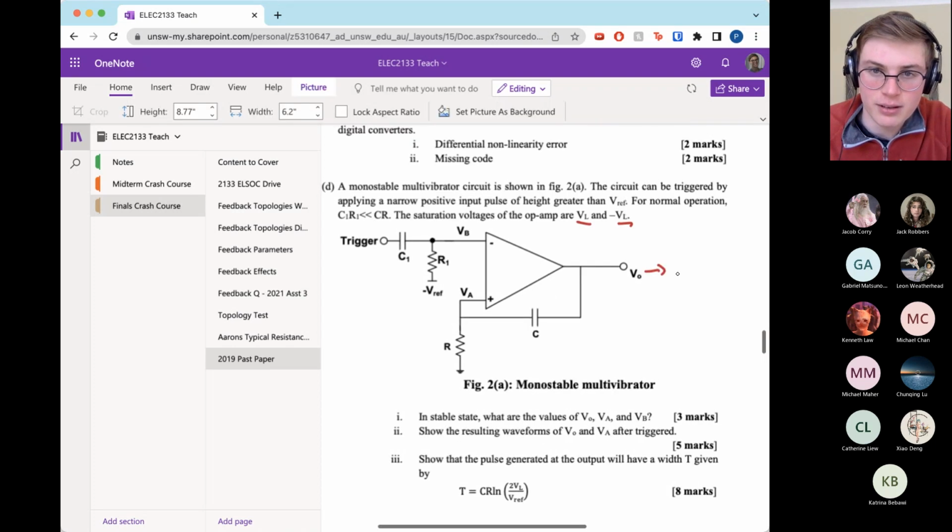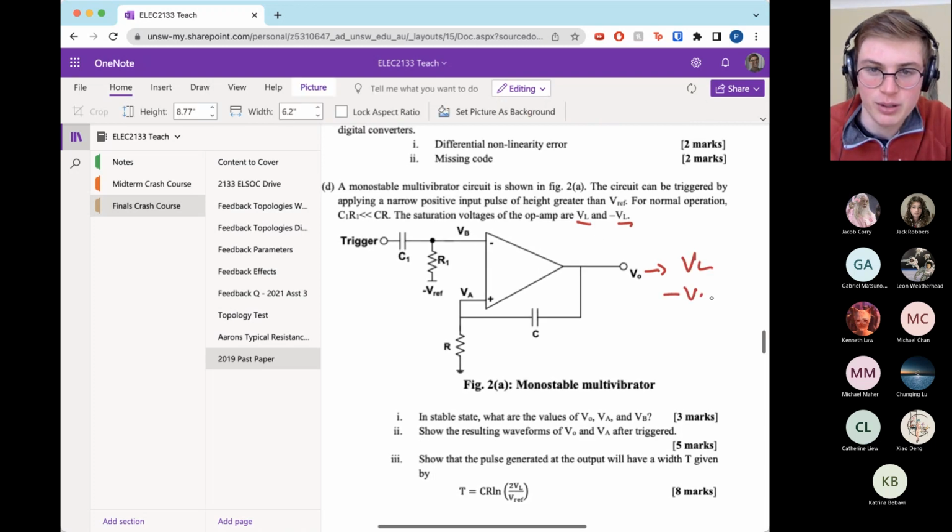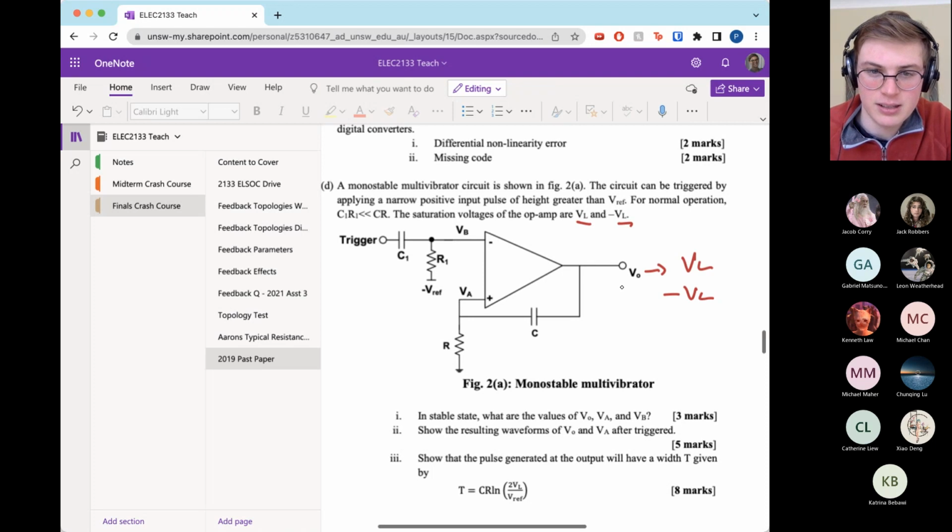If this is saturating, it's either going to hit VL or minus VL, and then sort of work backwards from there.